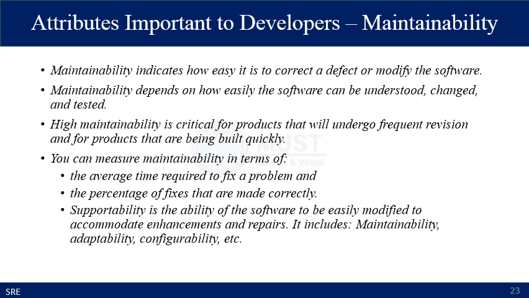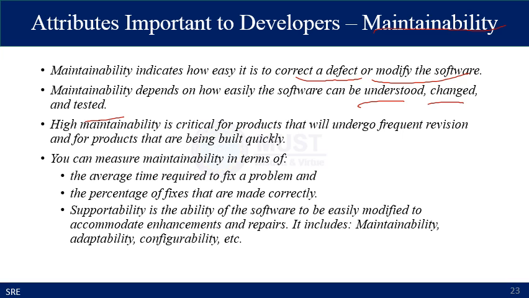Now we turn our discussion to the attributes which are more important to the developers, and the first in the list is maintainability. So maintainability indicates how easy it is to correct a defect or modify the software. Maintainability depends on how easily the software can be understood, changed, or tested.